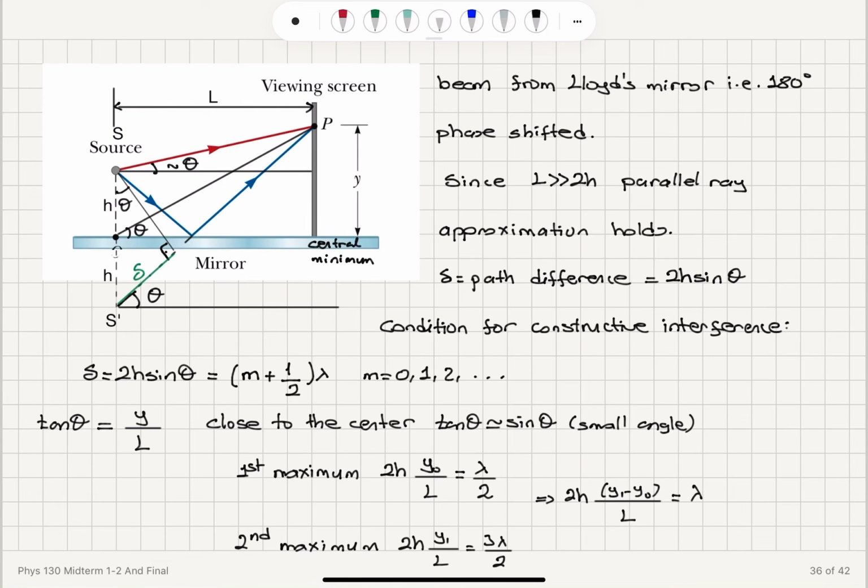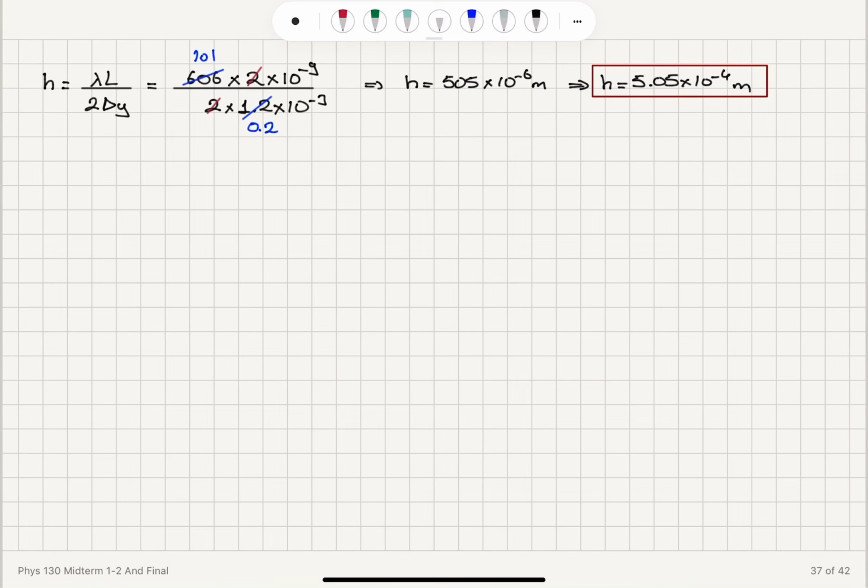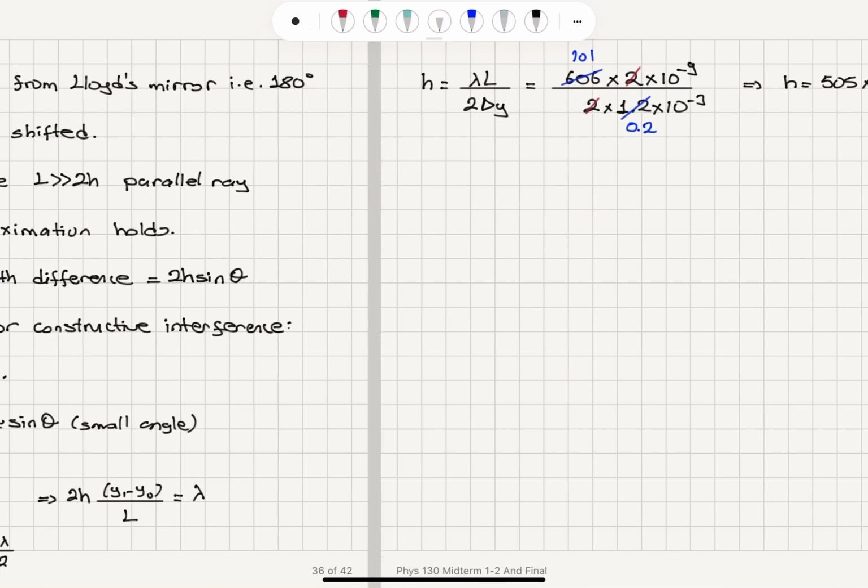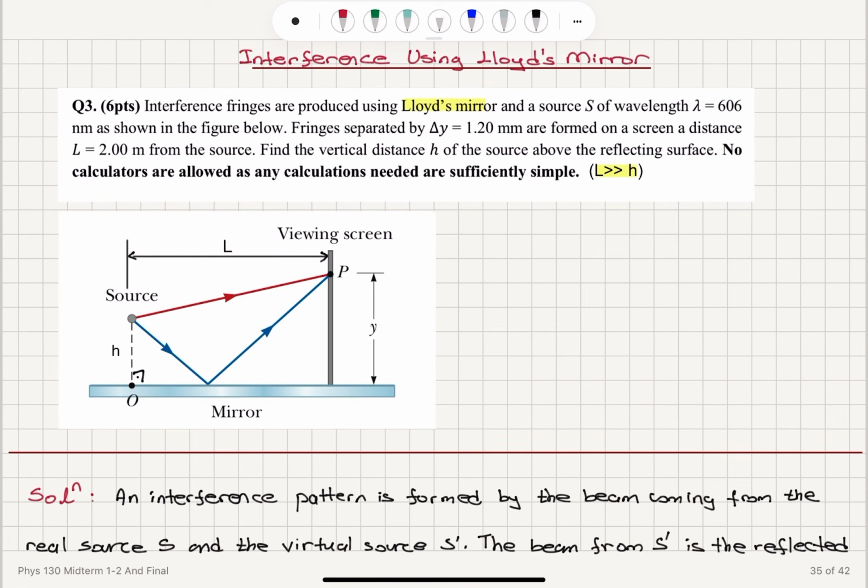And 2h times y1 minus y0 over L is 3 lambda over 2 minus lambda over 2, that's lambda. So this gives us h equals L lambda over 2 delta y. When we substitute the numbers, we find 5.05 times 10 to the minus 4 meters. And here we should have 3 significant figures, as all the numbers are given with 3 significant figures.